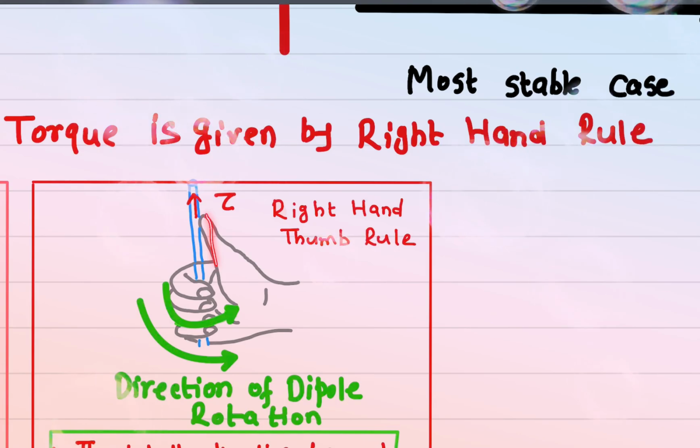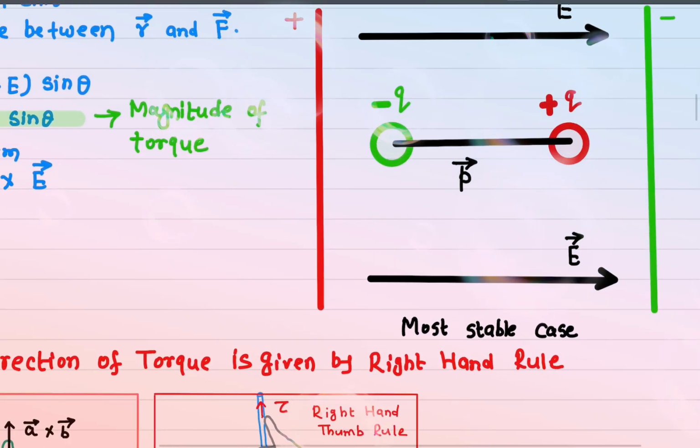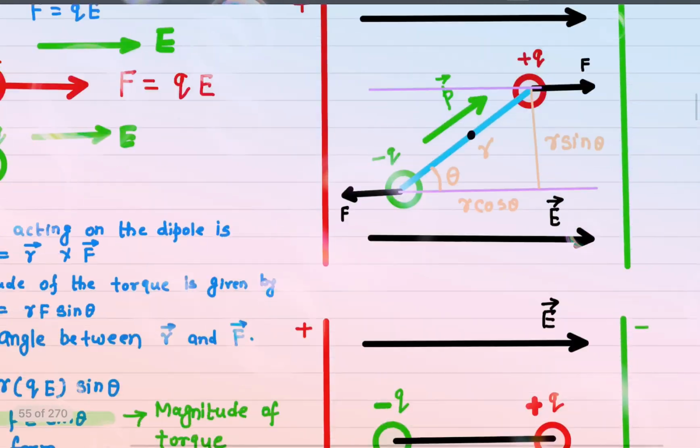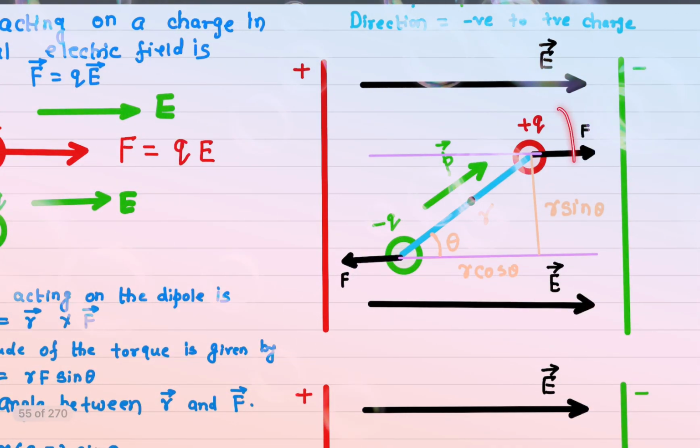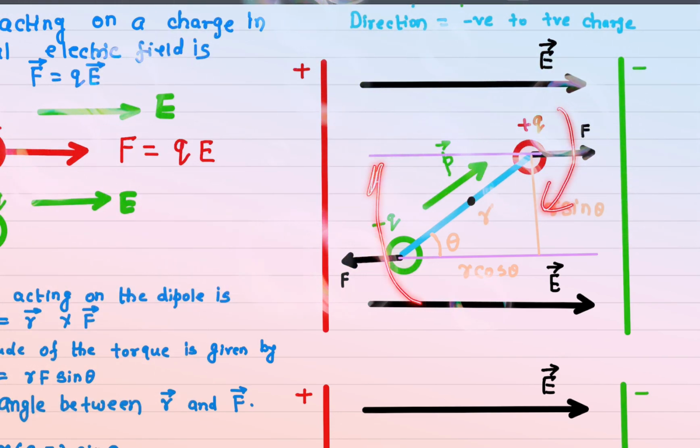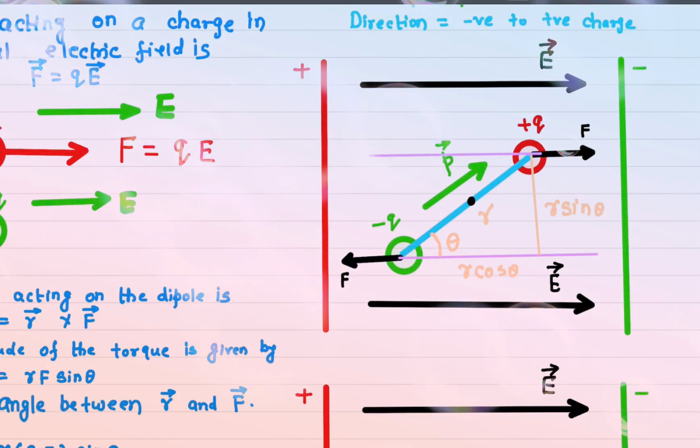Then your thumb points out the direction of the torque. Let's apply it here. This is the direction of rotation. If I curl my fingers in this direction, then the torque will be perpendicular to the plane. So this direction, into the paper, is the direction of the torque.